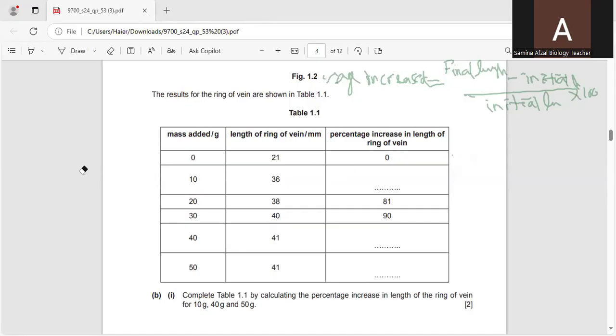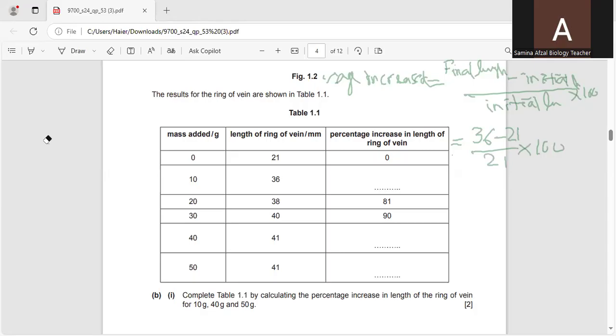So for this value 36, we will put these values into the formula. That is 36 minus 21 over 21 into 100. You can also calculate with me.